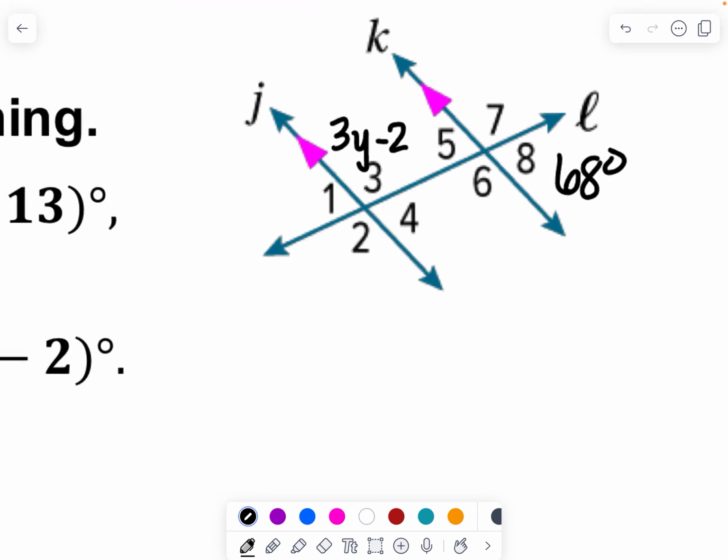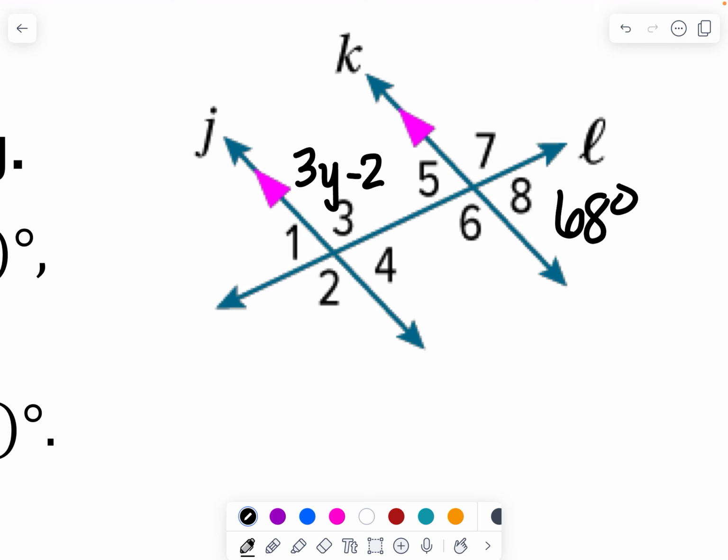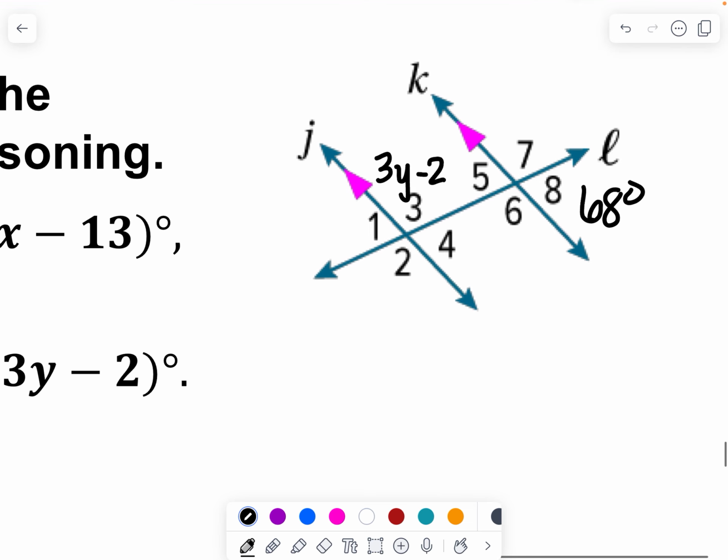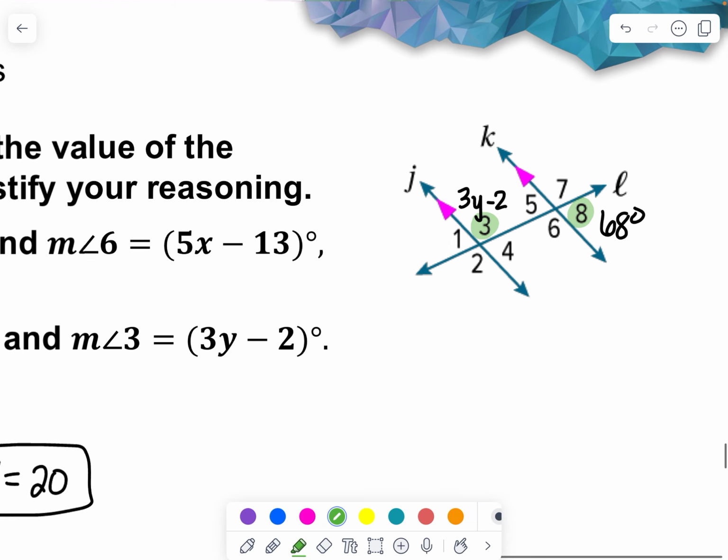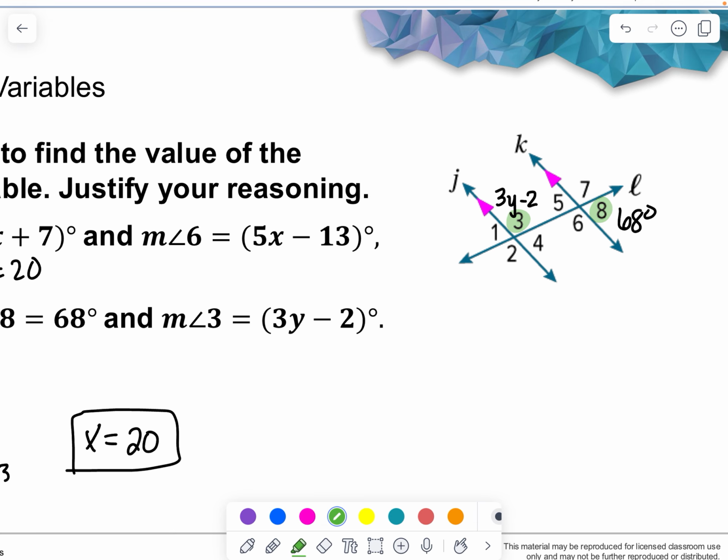Okay, well that's going to be a little bit more confusing because we don't have a relationship between this one and this one. So we're going to have to play around a little bit with that. What should we do? Well, we can do a few things. We do know that these two are vertical angles, or these two are vertical angles. We could do either one.